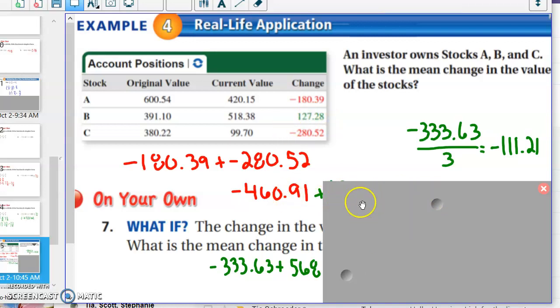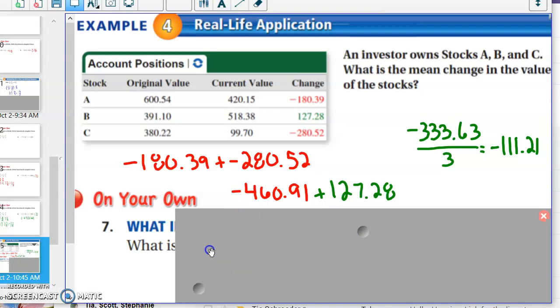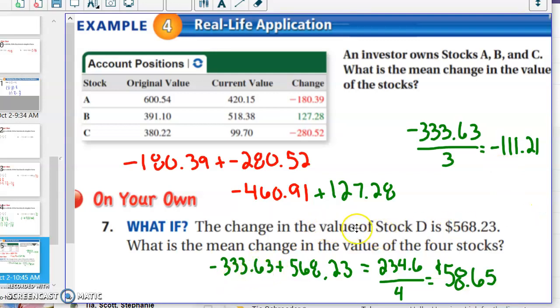Then I added this different sign one of 127.28, different sign, so I had to subtract and use the sign of the bigger number. That gave me negative 333.63. I divided that by 3, and my mean change was negative 111.21.